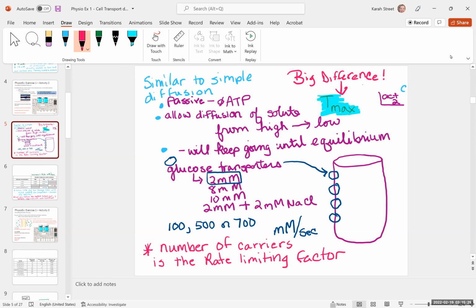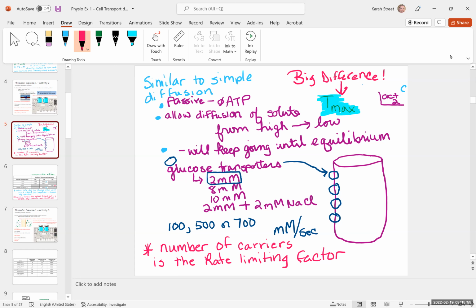Another difference between simple diffusion and facilitated diffusion is that the carrier for the solute in facilitated diffusion physically binds and interacts with the solute. It changes conformation, shape. It's a protein, of course, as it moves the solute from one side of the membrane to the other.